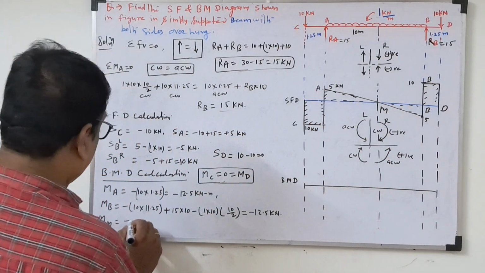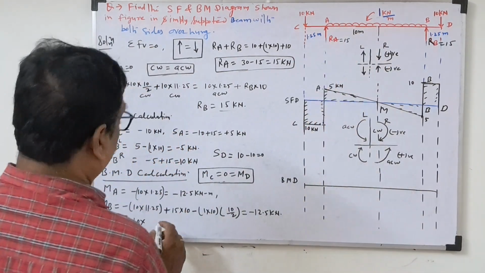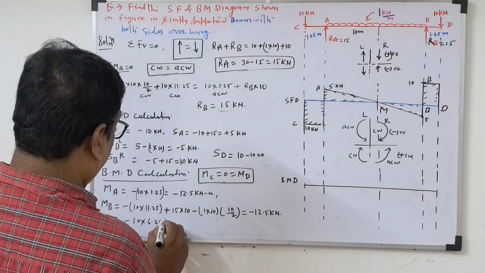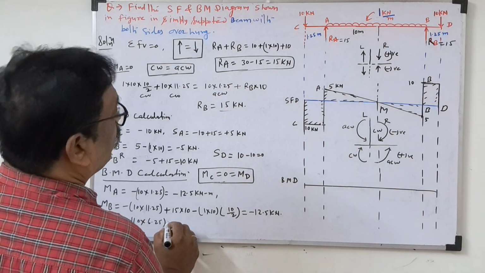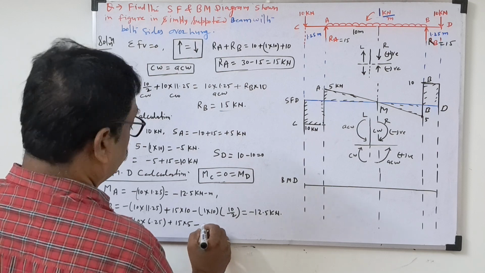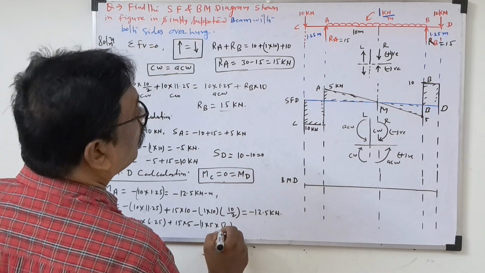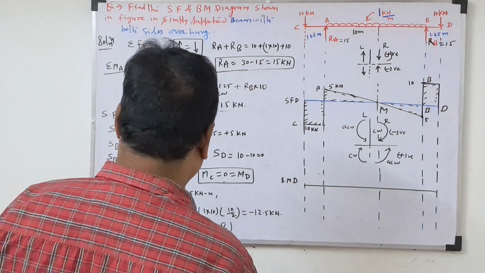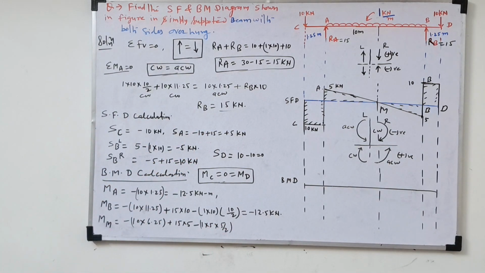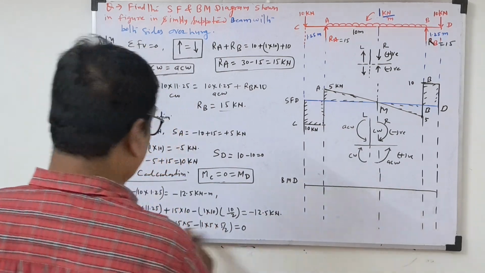Again minus 10 into 5 plus 6.25, plus 15 into 5 minus 1 into 5 into 5 by 2. So with calculations, 10 into 6.25, 15 into 5, 1 into 5, it will come 0. If we calculate, the bending moment is 0.